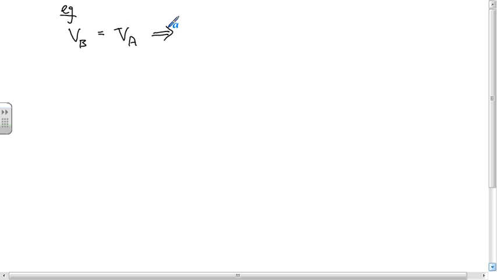And what that means is if you take a potential difference, VBA, okay, so now this potential difference is a voltage. If you're trying to find the voltage between A and B, you would do it by taking VB minus VA, and that's 0, okay?